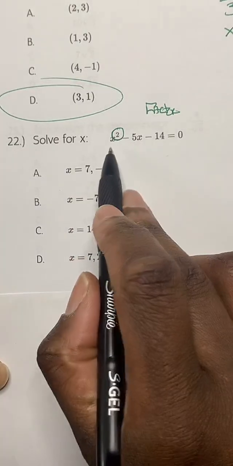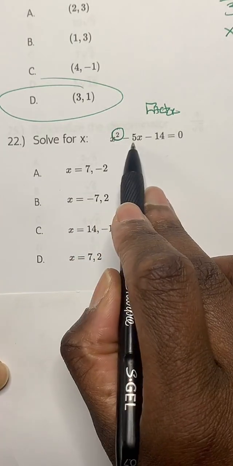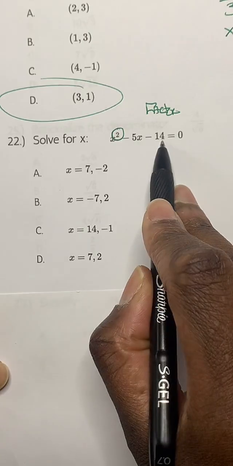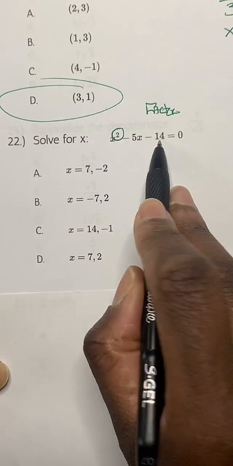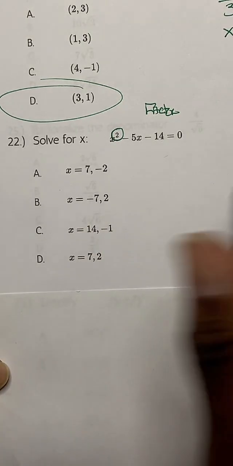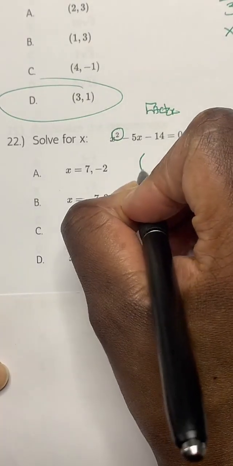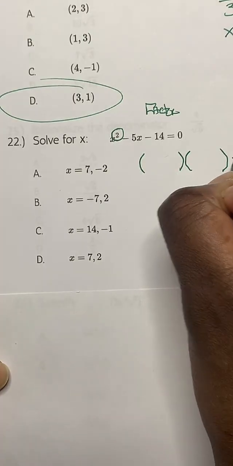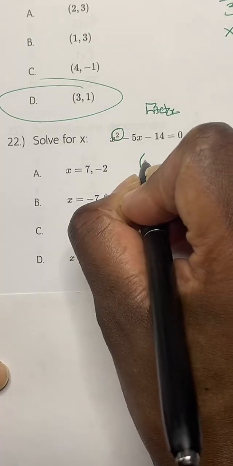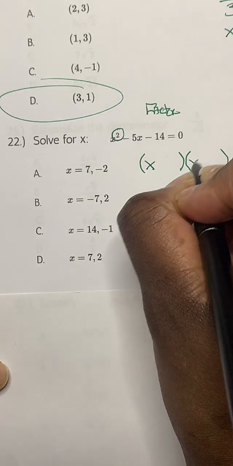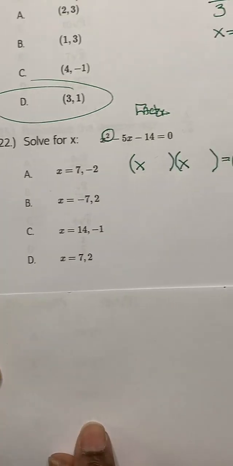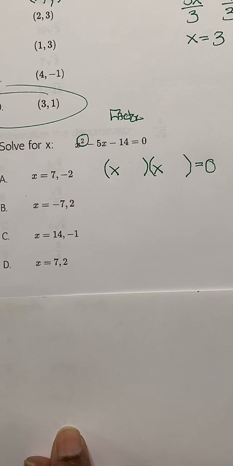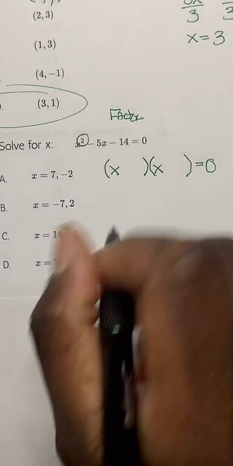But we don't have a GCF because there's a 1, a -5, and a -14. The only thing that 1, 5, and 14 have in common is 1. So that means I should have 2 solutions, and those 2 solutions are going to be represented by 2 parentheses. Each parenthesis is going to represent a factor.